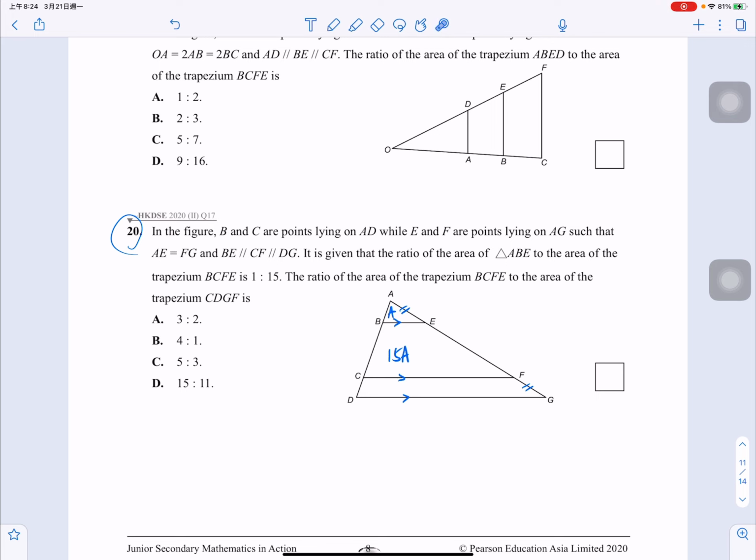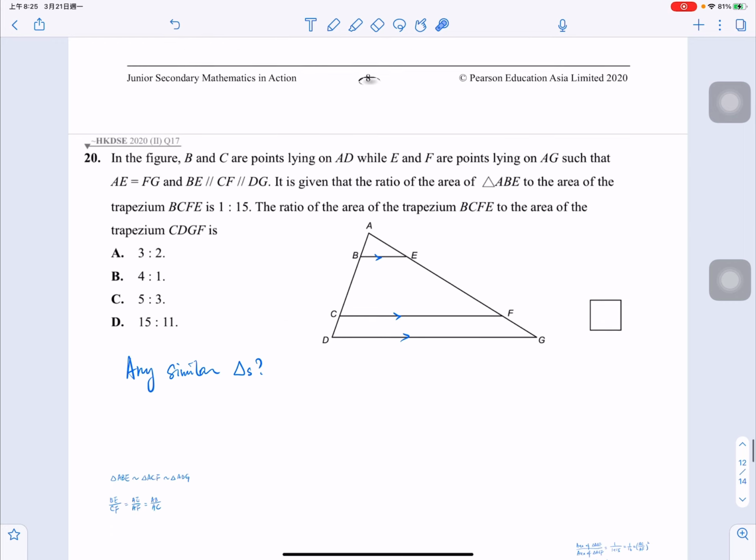Then remember we need to use this relation, and we need to use the area of similar triangles, not the area of this part and this part. You must use the similar triangles' area. So this one is 1, 2, that means as a whole 16, not 15. And also ADG.